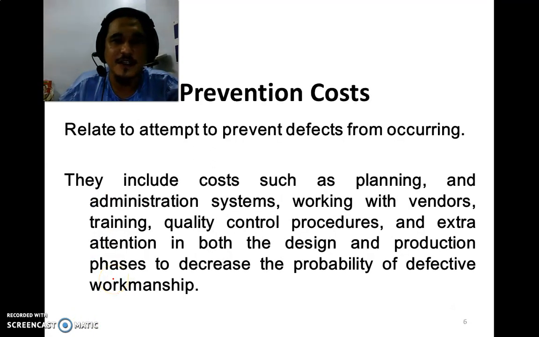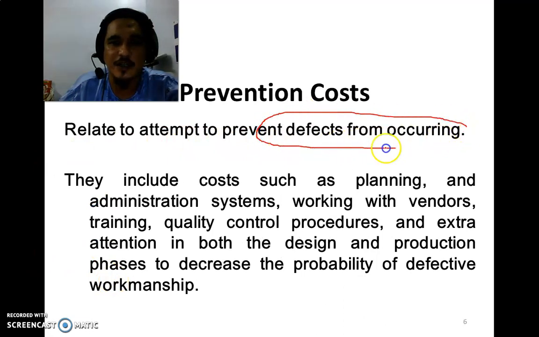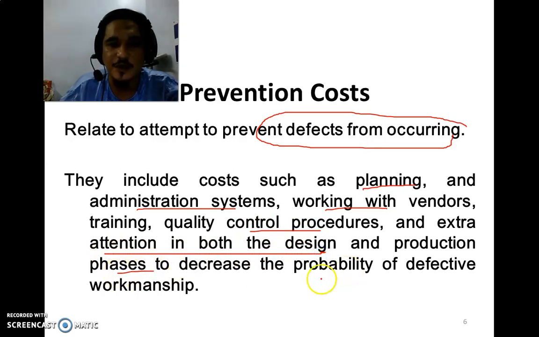Prevention costs are related to attempts to prevent defects from occurring. This includes planning, administration system, working with the vendors, training, quality control procedure, and extra attention for both design and production phase to decrease the probability of defective workmanship. So this is related with the labor cost.